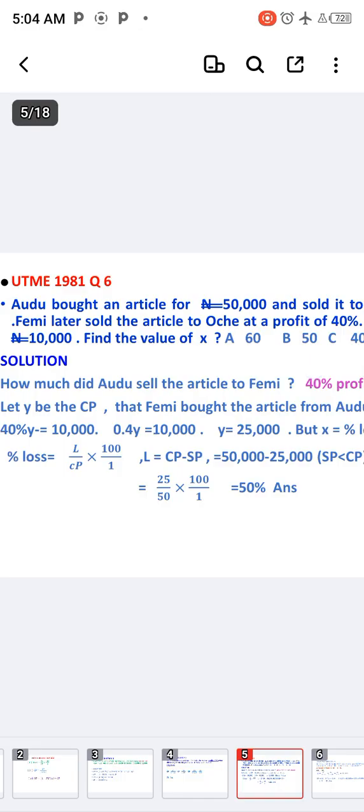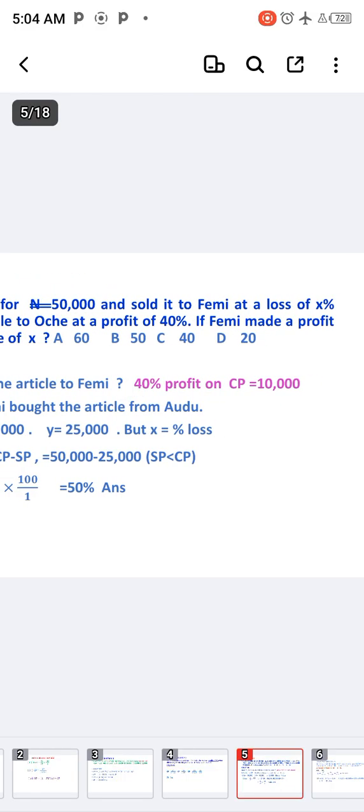Wow. The cost price is not given. The selling price is not given. The only thing that is given is the cost price at which Awudu purchased the article. And another thing that is given is the percentage profit and the actual profit made.